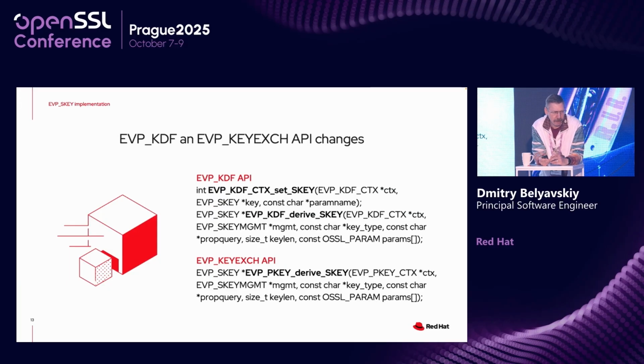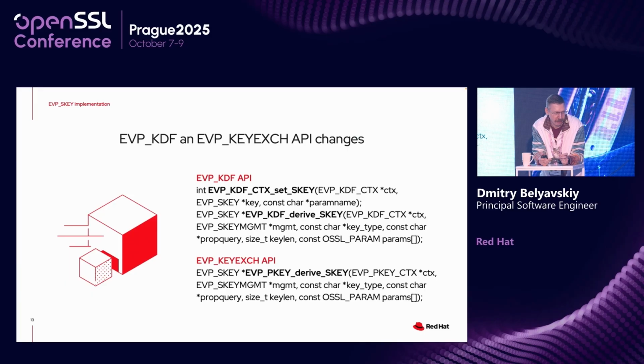In 3.6, as I mentioned, we have landed several more functions to make the usage cycle of the UPSK object more relevant. For the UPKDF API, we have implemented two functions.